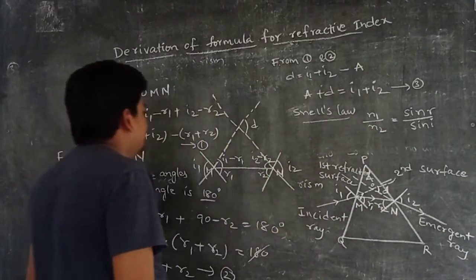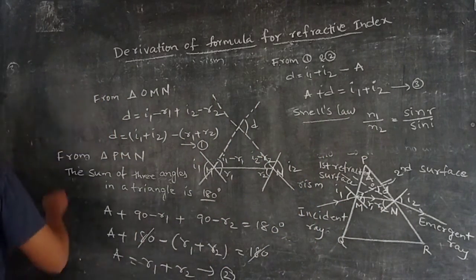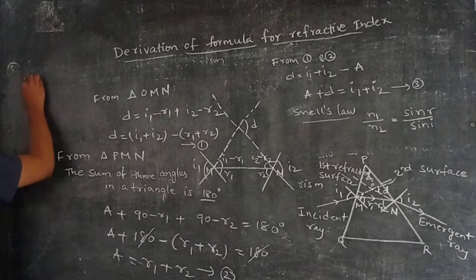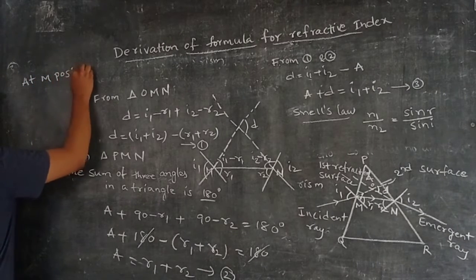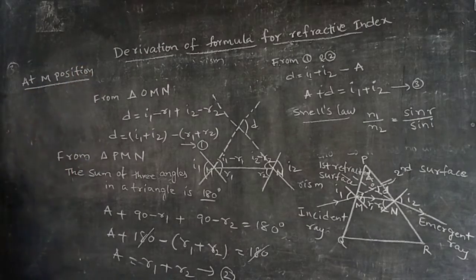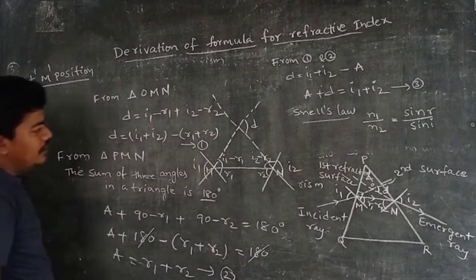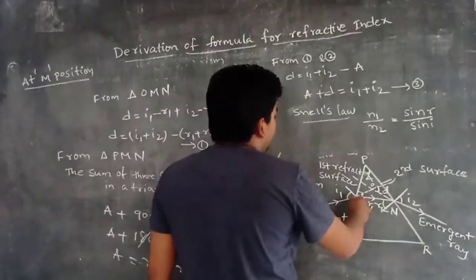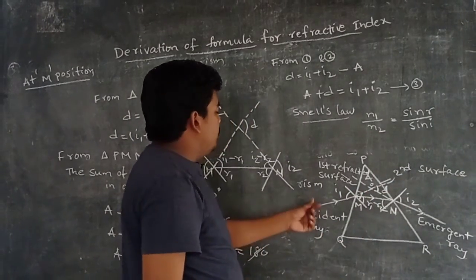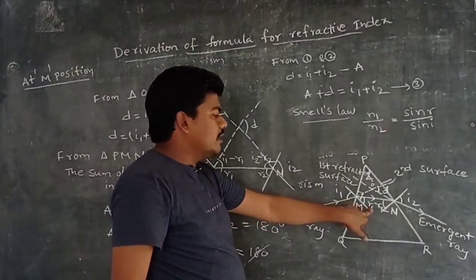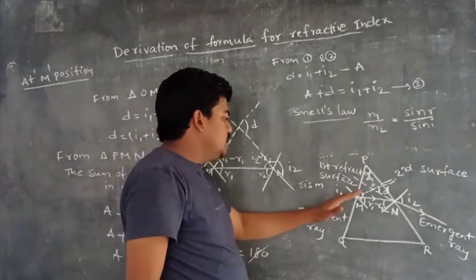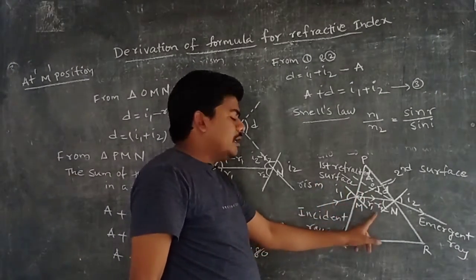From Snell's law, at point M, the ray is traveling from air to a denser medium. When you see here, the first instance of the ray is from air to the glass medium.